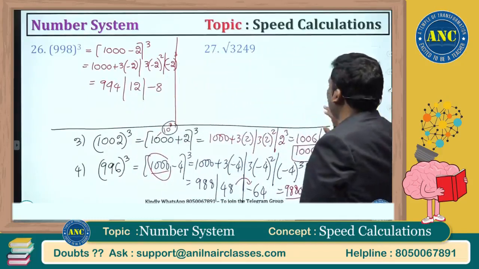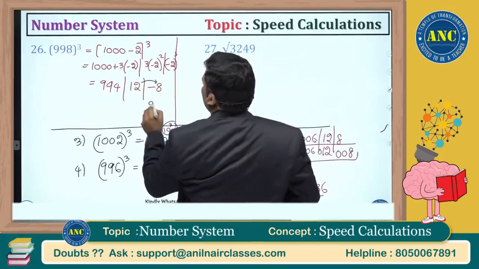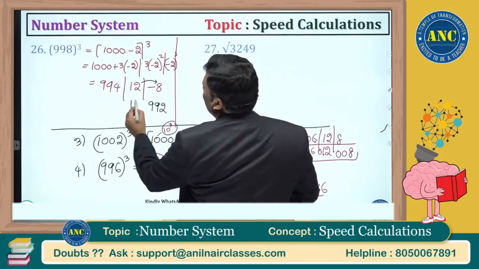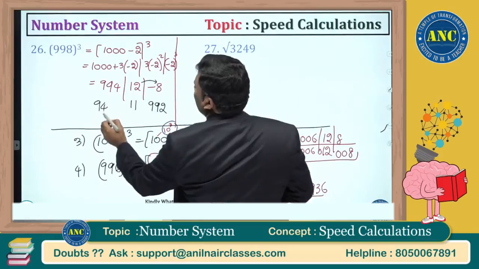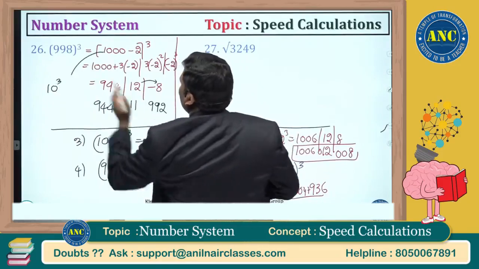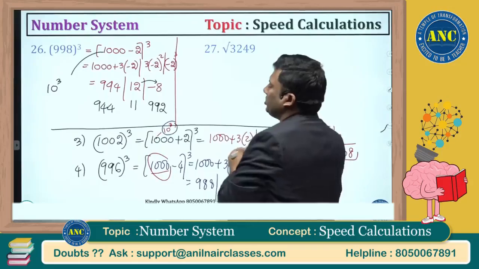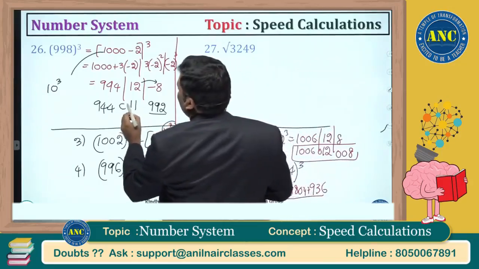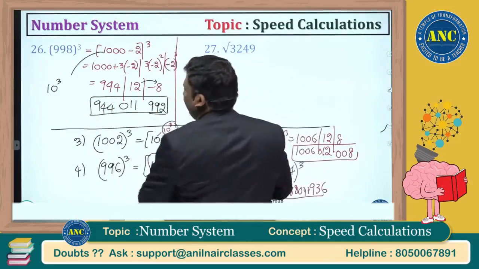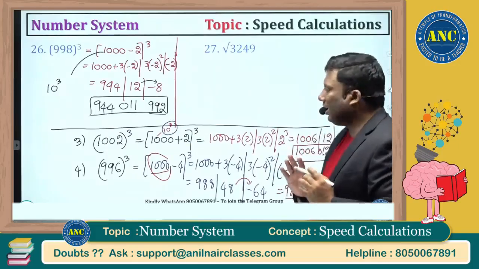Take a carry 1 on 1000: 1000 minus 8 is 992. 12 minus 1 carried is 11. And this is 994. Remember, 1000 is 10 power 3, so the last two places take 3 digits. 992 is 3 digits, and 11 in 3 digits is 011. I hope the idea is clear.